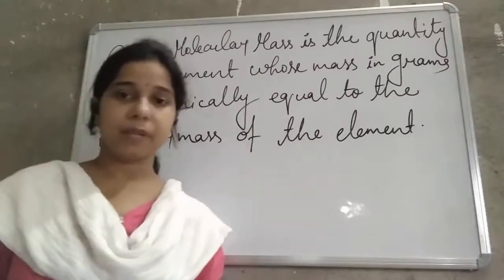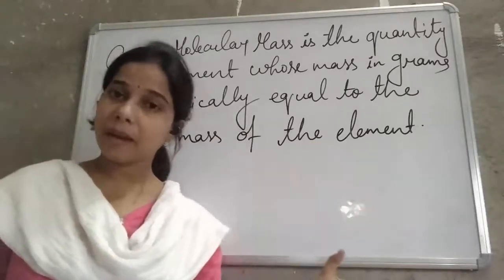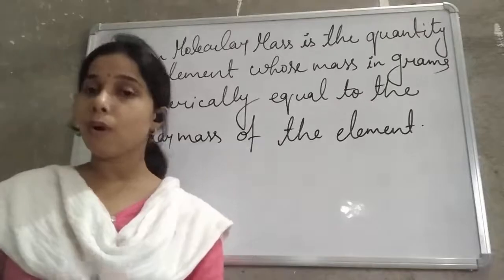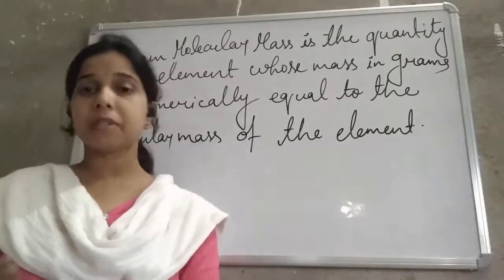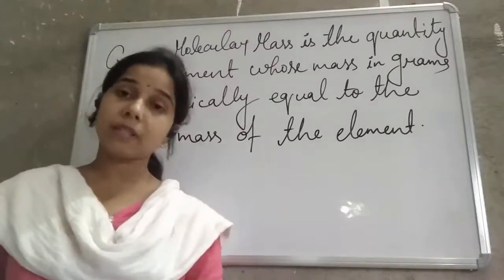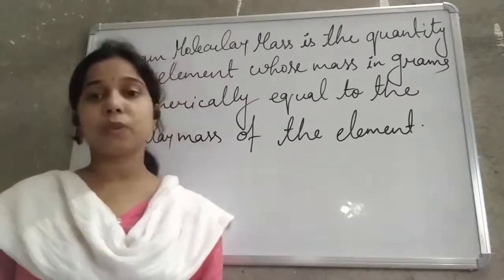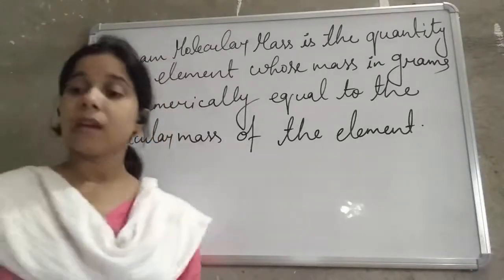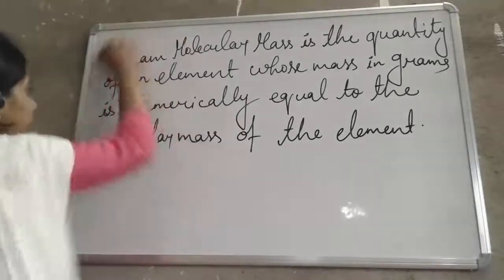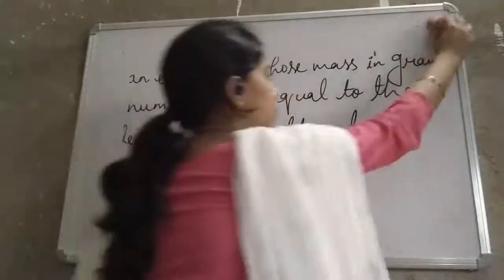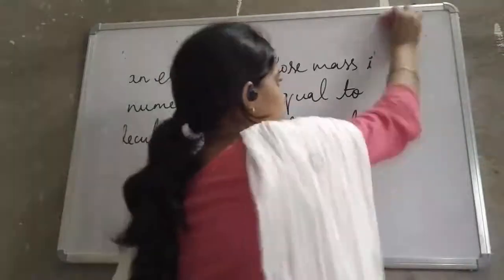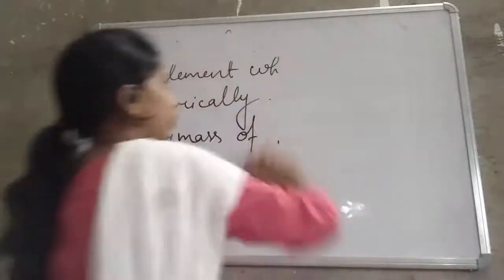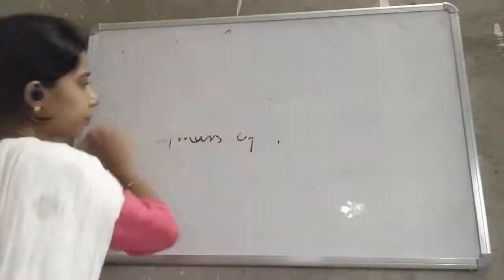So both gram molecular mass and gram atomic mass represent masses in grams. Now we will come to the next topic, that is the mole. So we will start with the mole.